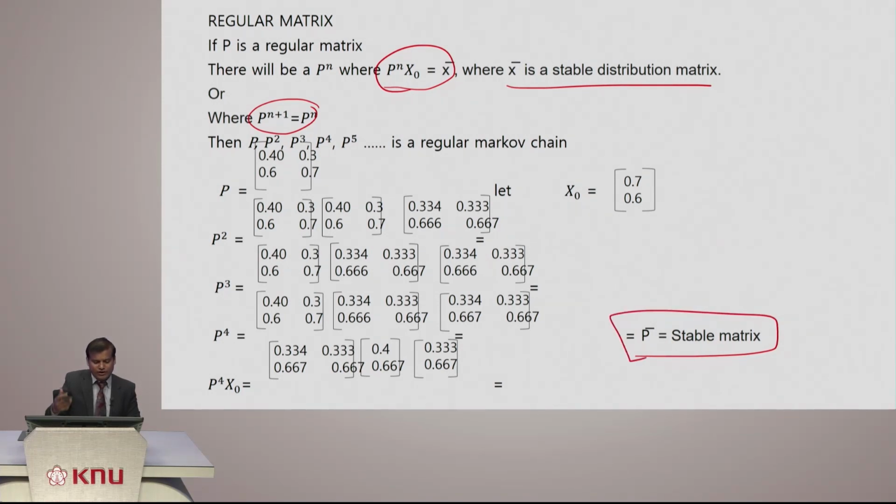When you have the powers of P, P power 2 is P times P, and then again you multiply and get P power 3, P power 4, P power 5, and so on. When you reach these values at a certain state, you will come up with the stable matrix P bar.